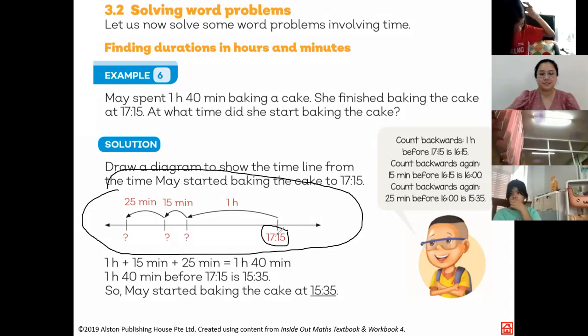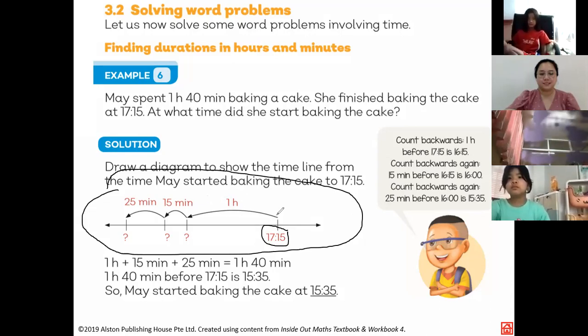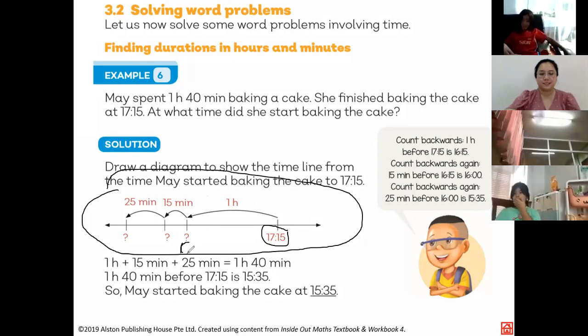So again, she finished baking the cake at 17:15, right? So 1 hour here, that's 16:15, right? So we count backwards. 1 hour before 17:15 is 16:15.